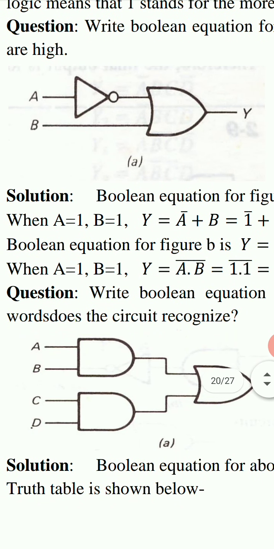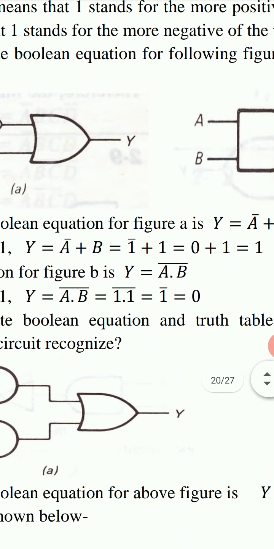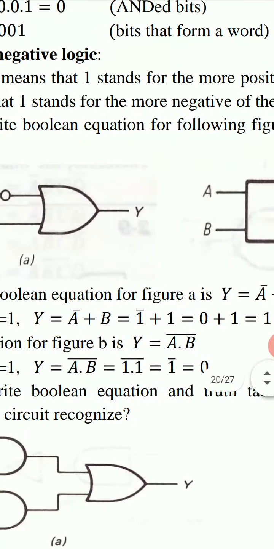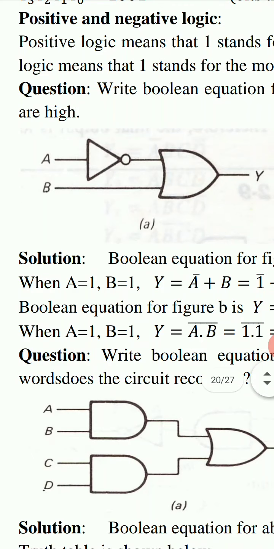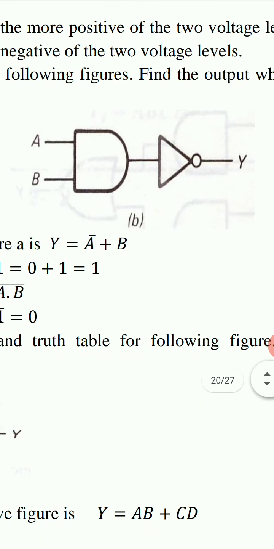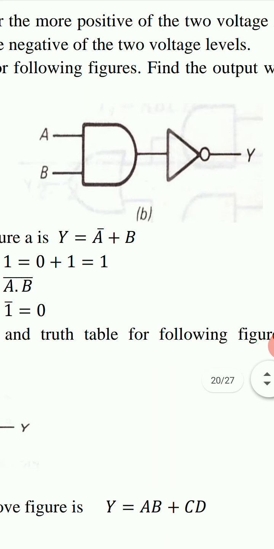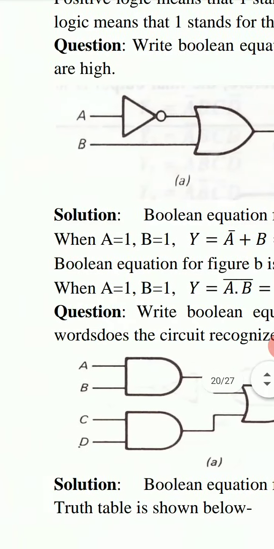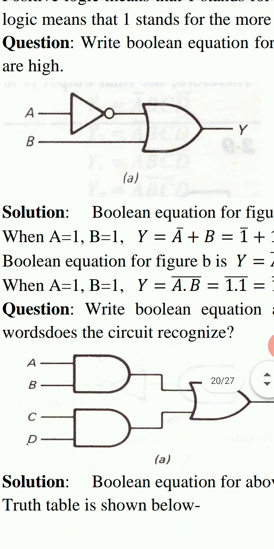Next question is: write the Boolean equation for the following figure. Find the output when both inputs are high. This is the logic gate, and this is the second logic gate. What is the output of this logic circuit?